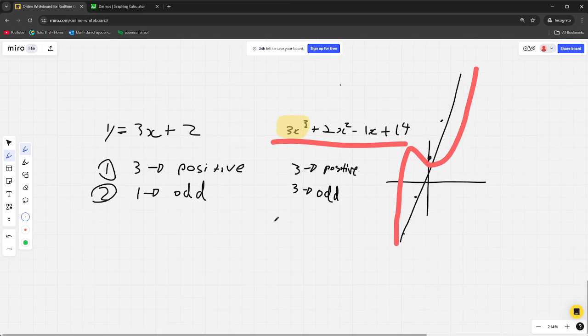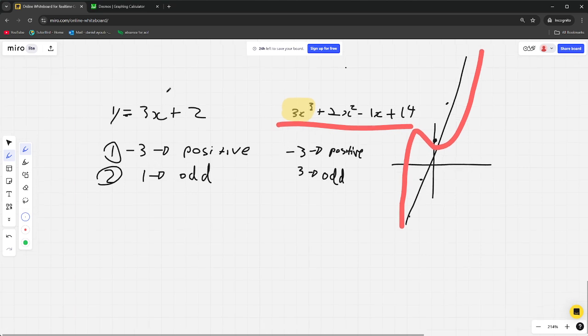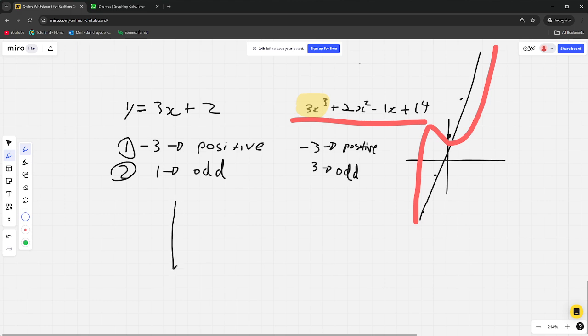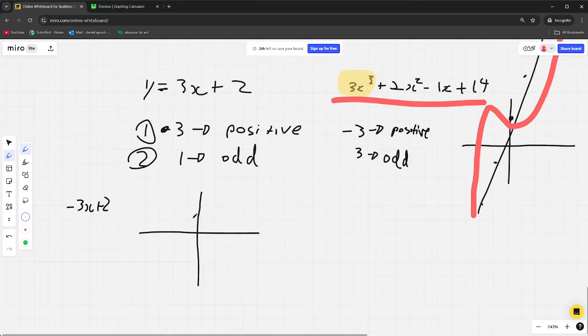What do you think happens if we make one of these values negative? We can start off by looking at this logic on a linear and then applying it to a cubic. So if we take this and instead of it being positive, we make it negative, we're now looking at negative 3x plus 2. Look at what happens.